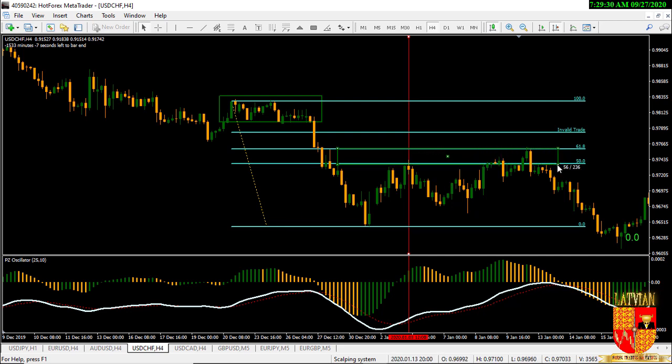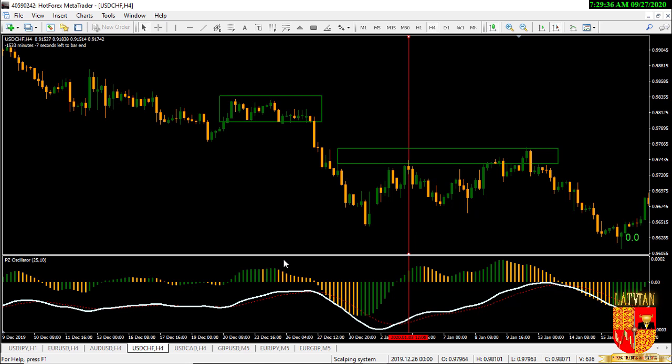Let's delete this one. So in having this zone, you'd have made your entry somewhere there. Okay, hoping for a 1:3 risk to reward, and then your entry would have been right there.